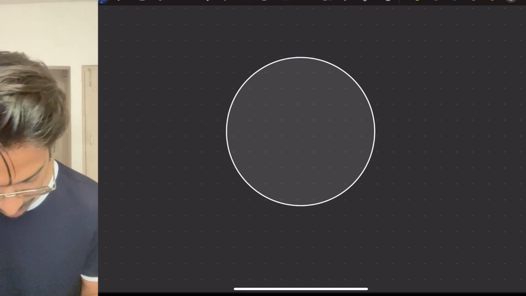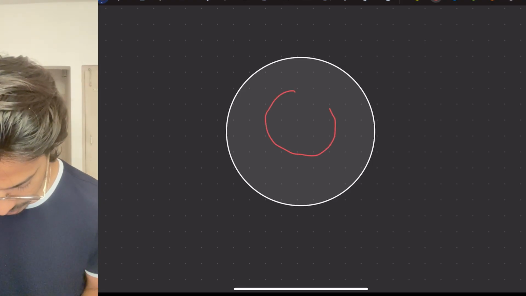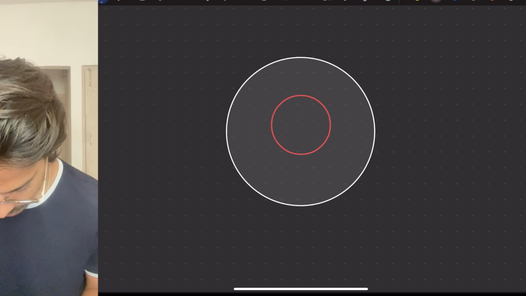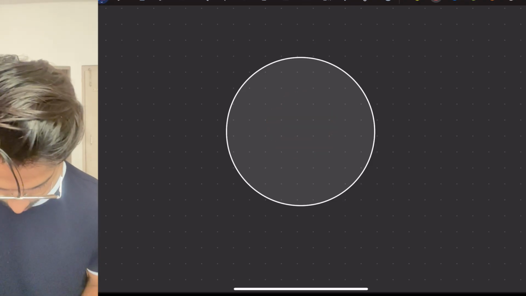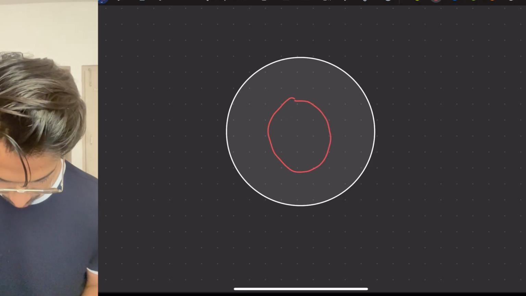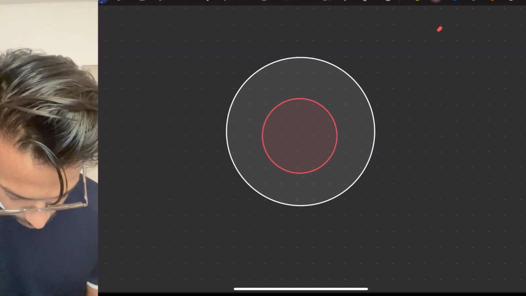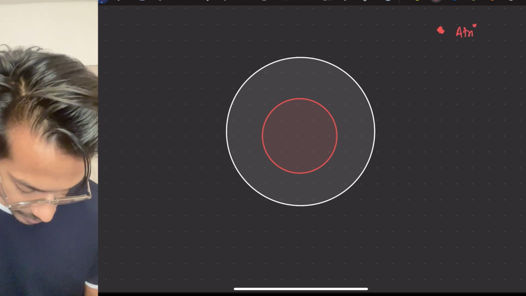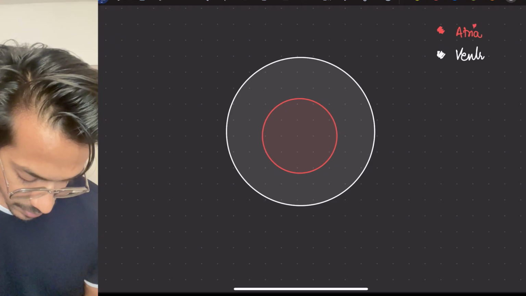I will make it with a different color. This red color one is atria. This white color one is the ventricle.